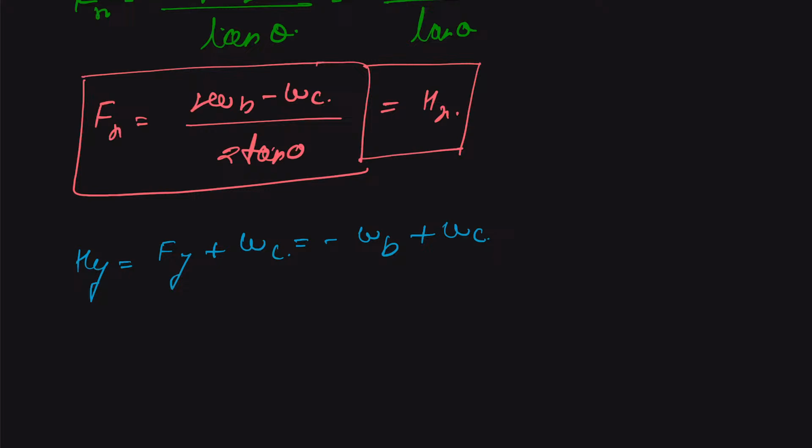And if required we can put W of C also, or otherwise we can keep it as it is. I think we can keep it as it is. There is no need to put the weight equation in terms of the lambda. Okay.